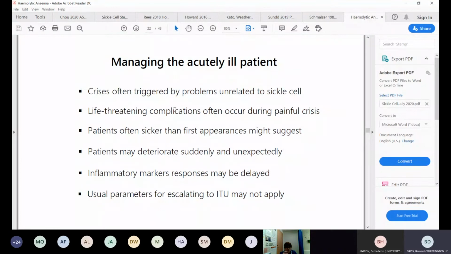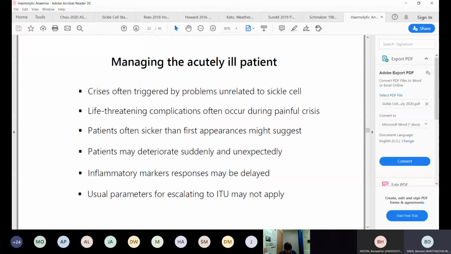So most of the life-threatening problems occur within the context of a painful crisis. Number three, these patients may be sicker than you might realize when you first look at them. So always have a high index of suspicion, okay? And keep a close watch on them.